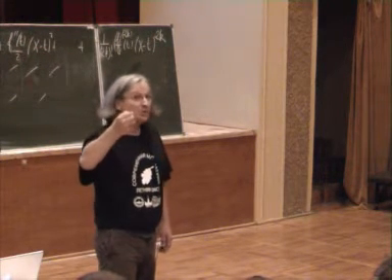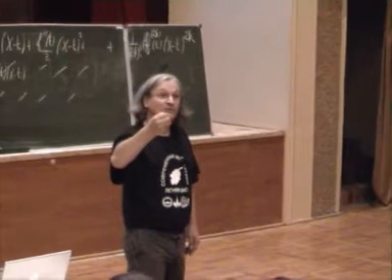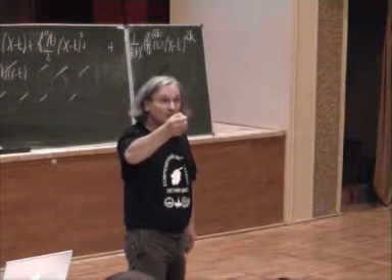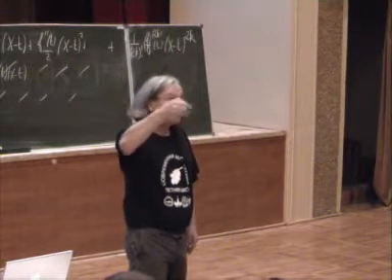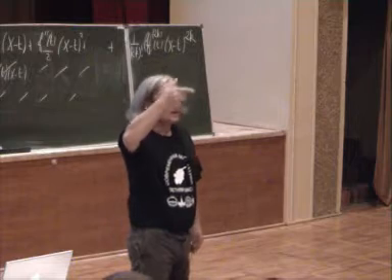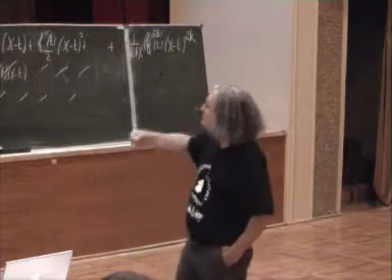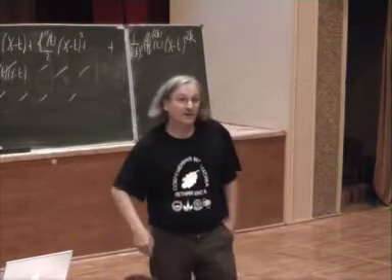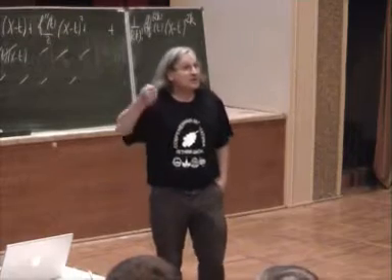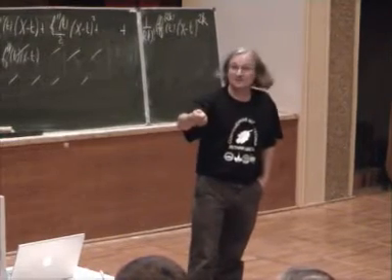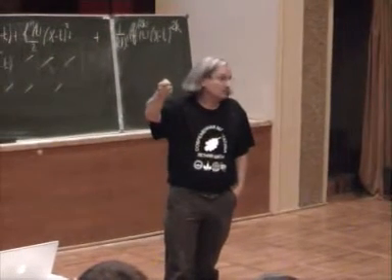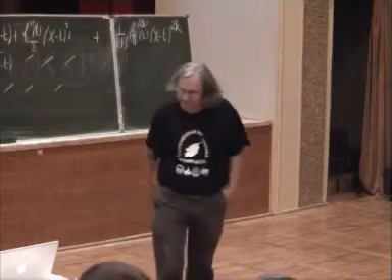If you have a second order differential equation, you have to give the initial point and initial velocity, and then you have a unique solution. If you go to a differential equation of order 2k plus 1, you have to give 2k plus 1 initial conditions, and then you have a solution, locally at least.